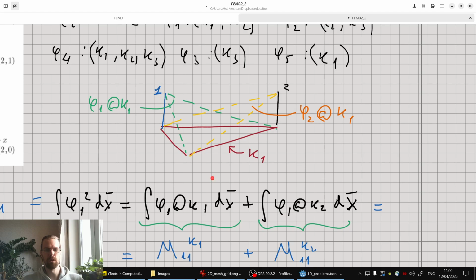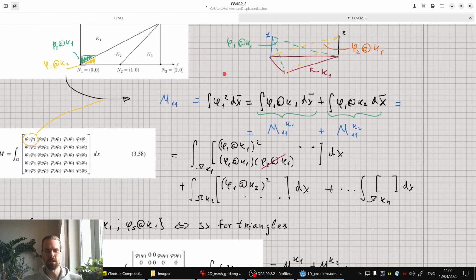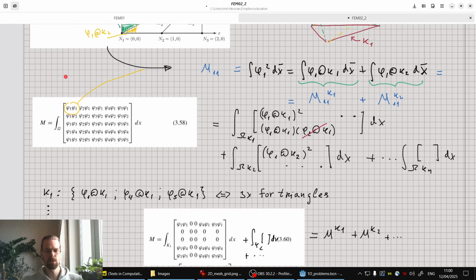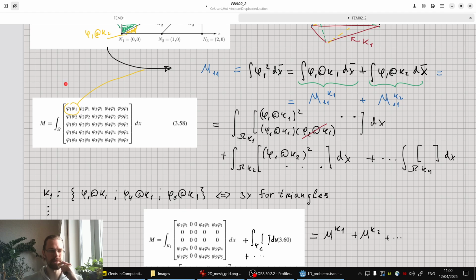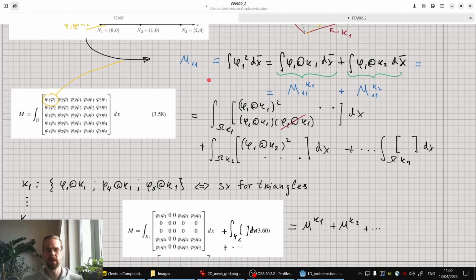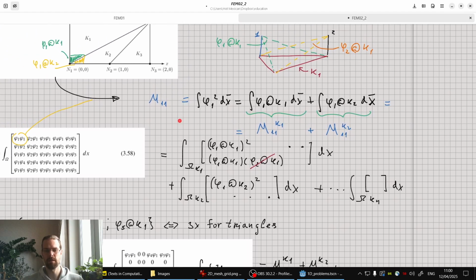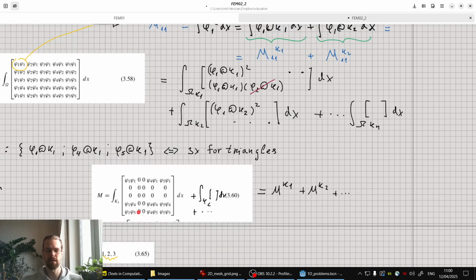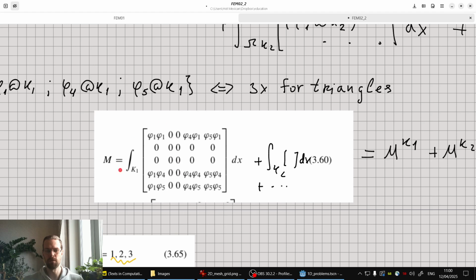But yeah, it will look like this. We will basically think about this when we are constructing. And so what the book proposes is to deconstruct this huge matrix into parts of matrices that are actually relevant only for a particular K, some kind of triangle.